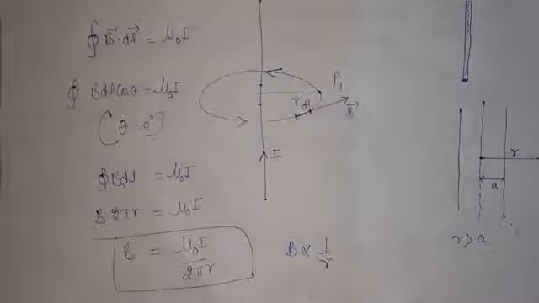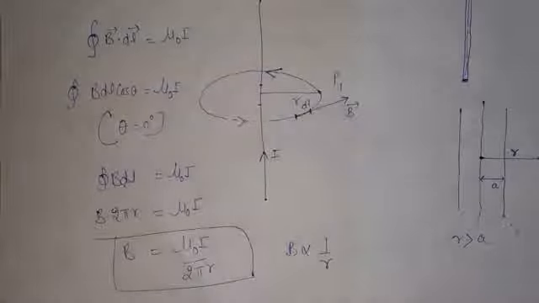So now we are going to look over here at the variation of the magnetic field for a wire with the distance from its axis. Okay, so on one side I am going to consider the magnetic field, while on the other side I am going to take the distance from the axis.